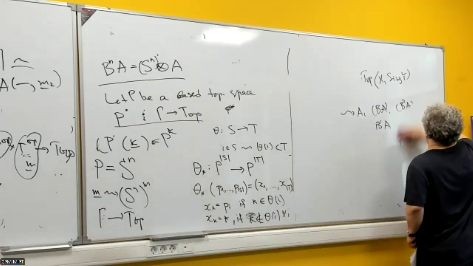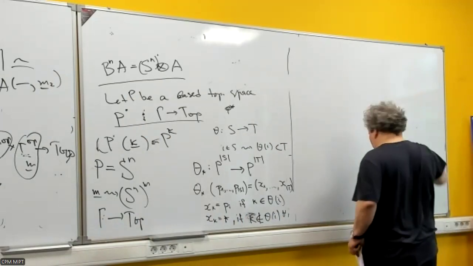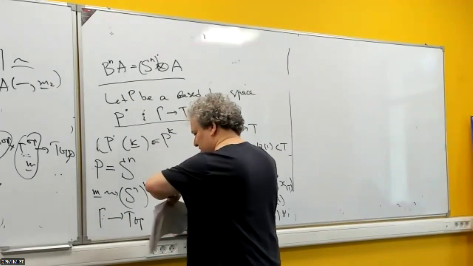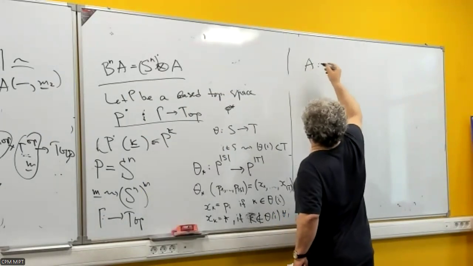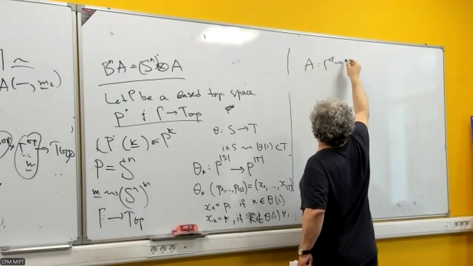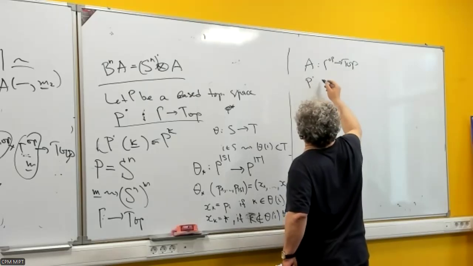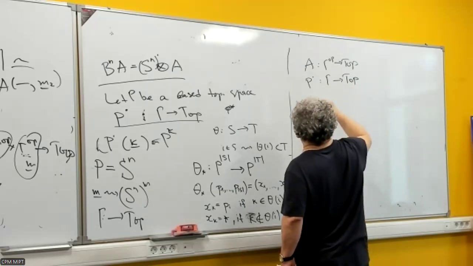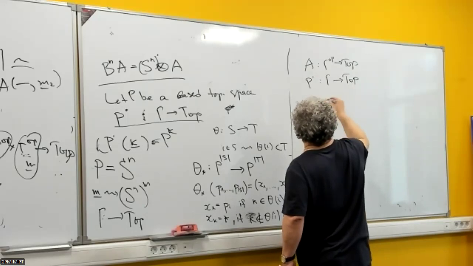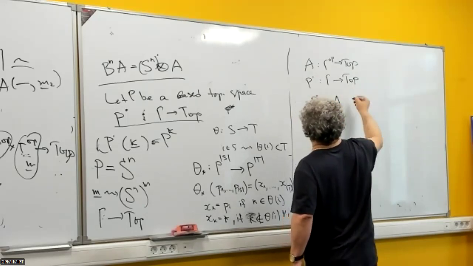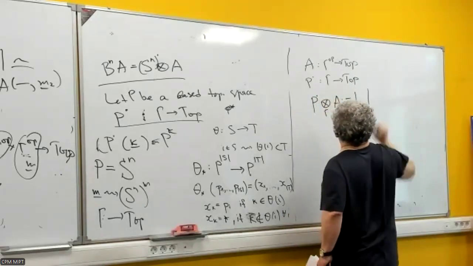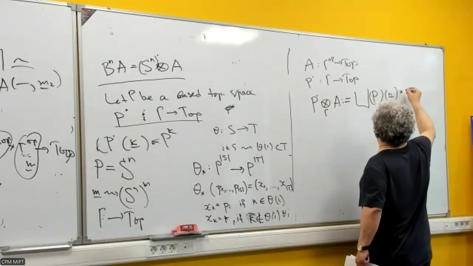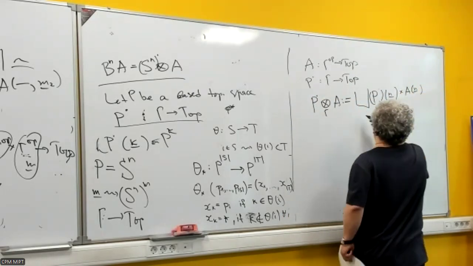So if A is a functor from gamma op to top, and P is a functor from gamma to top, then I can define the coend, P tensor over gamma A, which is by definition the disjoint union of P n times A n over n.